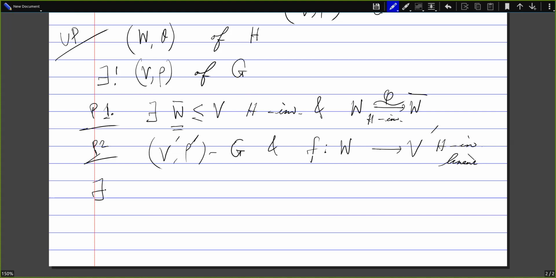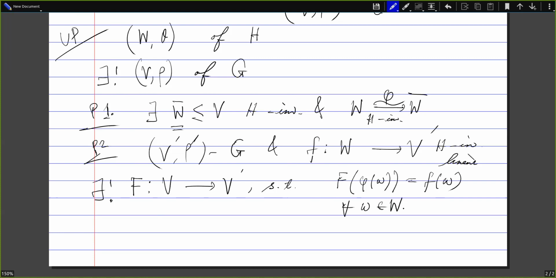Then there exists a unique F from V to V', in the sense that this F extends small f, such that, since F is defined from V, how we should write is F(phi(w)) is simply f(w) for every w in W. So this is what I have to write, because W may not be contained inside V in the beginning.